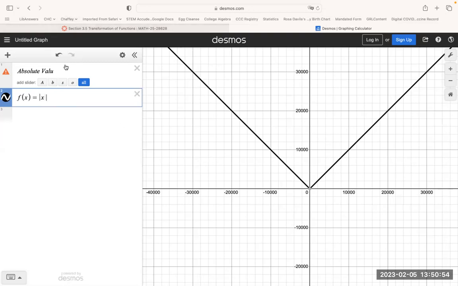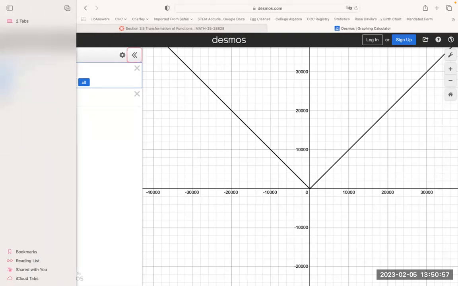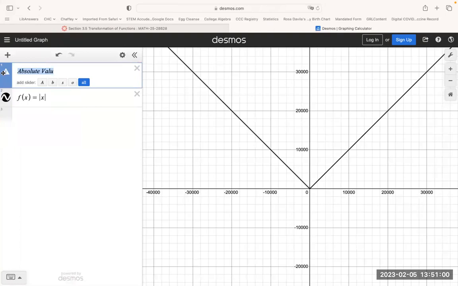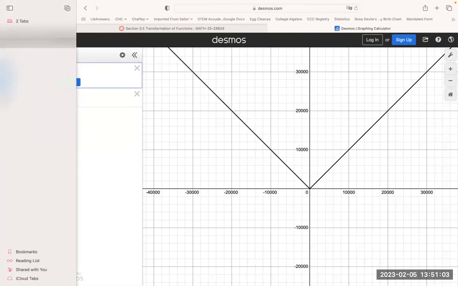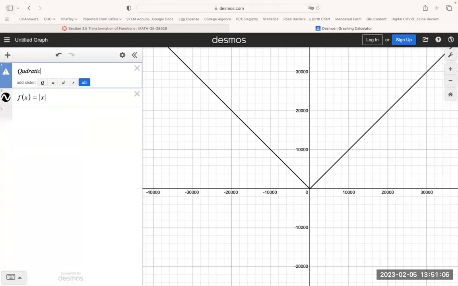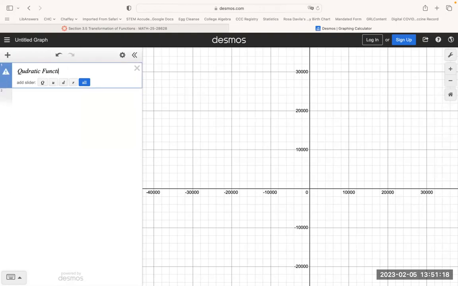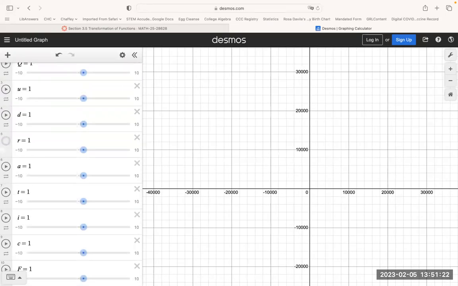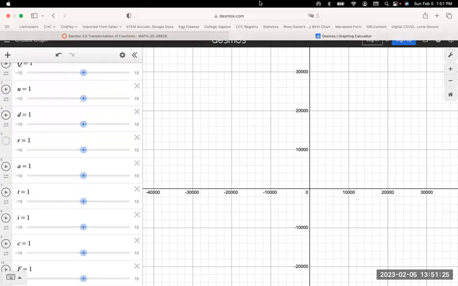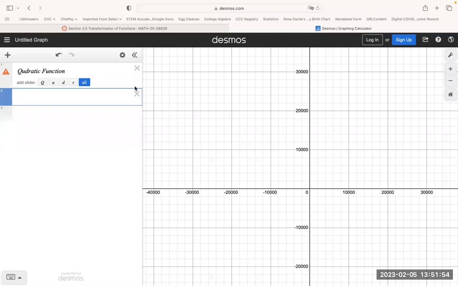After that, we talk about our quadratic function. So with the quadratic function, that's going to be our f of x.